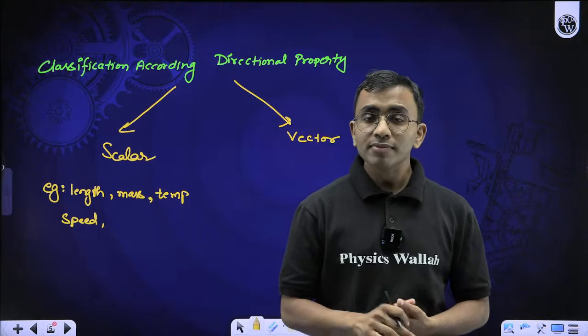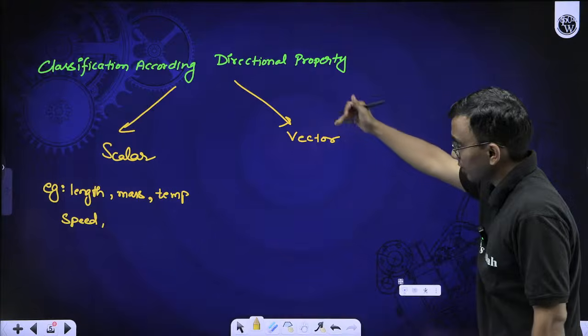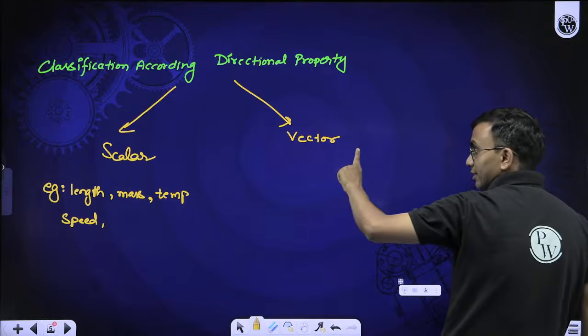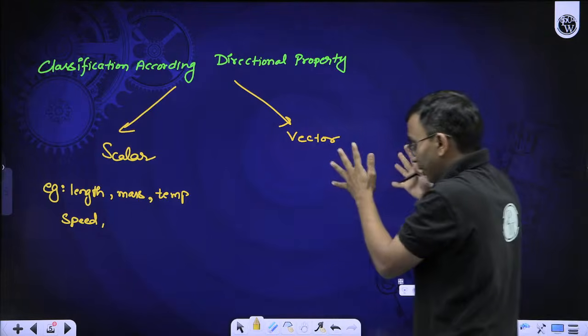Now the next classification. The first one is scalar, another one is vector. The second type is vector.